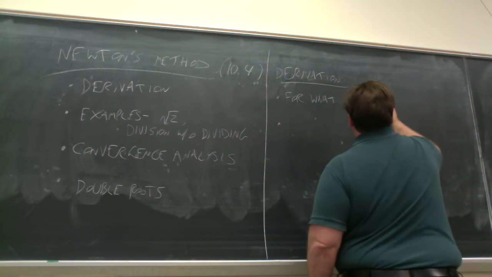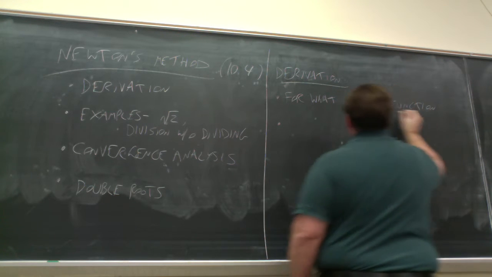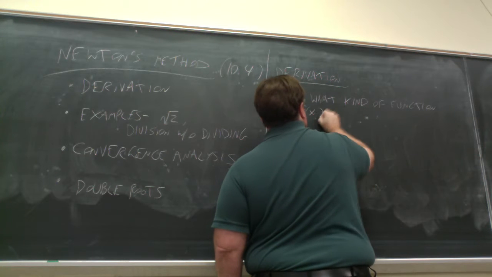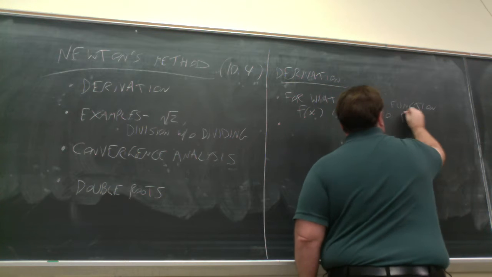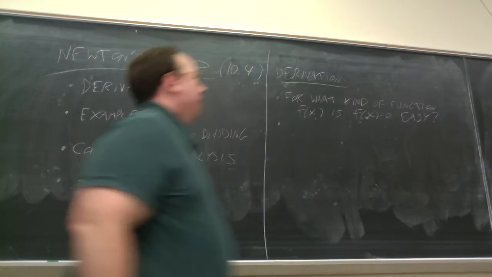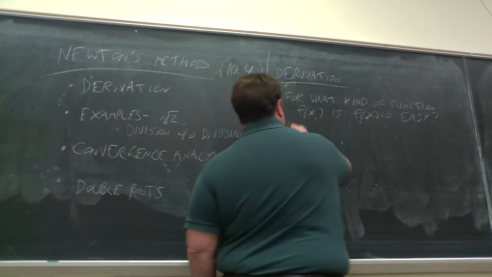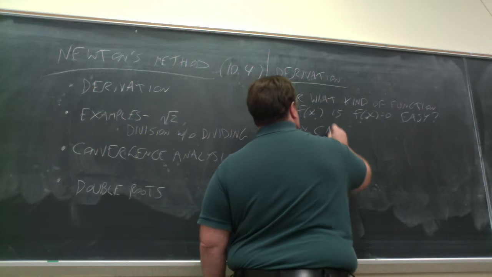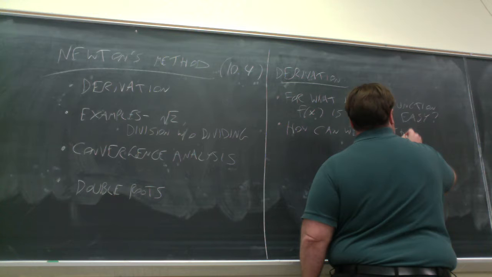For what kind of function f is this root finding problem that we have, f of x equals 0, easily solved? So what is the simplest case? And then the second question will be, how can we use the result of the first question for general cases?